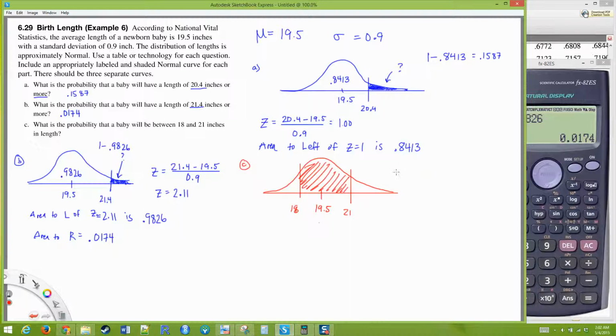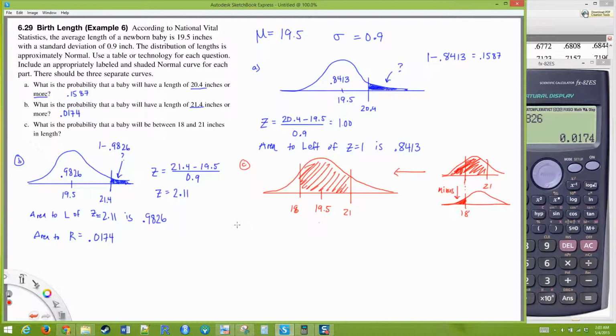And we're going to find this area by first finding the area to the left of 21, and take all of this area. And then I'm going to find the area to the left of 18, and subtract this off from over here. If I subtract this piece, which is this piece down here, I will be left with the area in the middle, which is what I want.